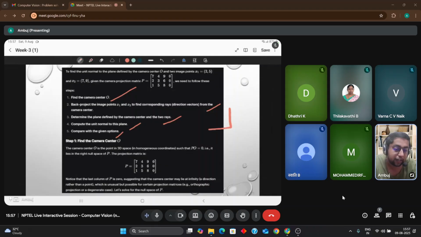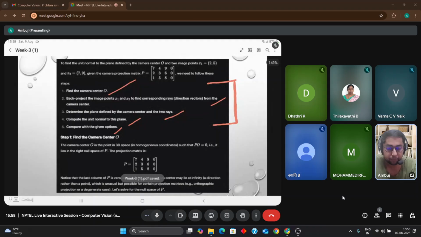First of all, you have to find out the camera center. The camera center O is the point in 3D space such that P multiplied by the center O is 0. That is, it lies in the null space of P. The projection matrix P is already given to you.